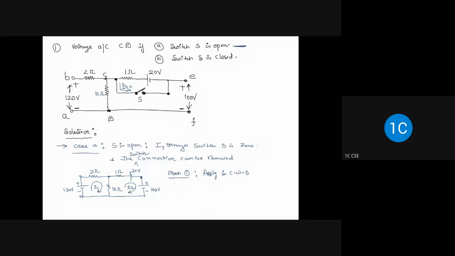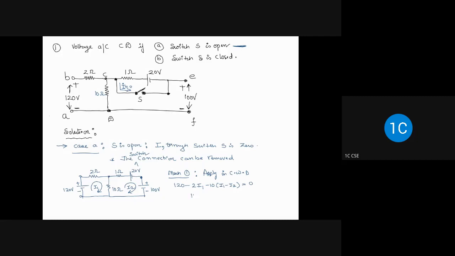Okay, so what is it? 120 minus 2I1 minus 10(I1 minus I2) is equal to 0. Okay, when you simplify this, please check.